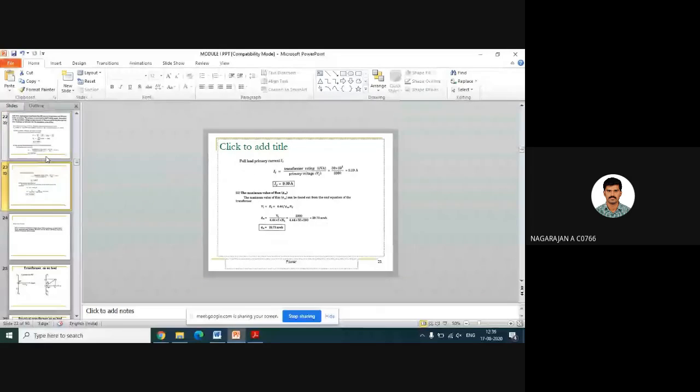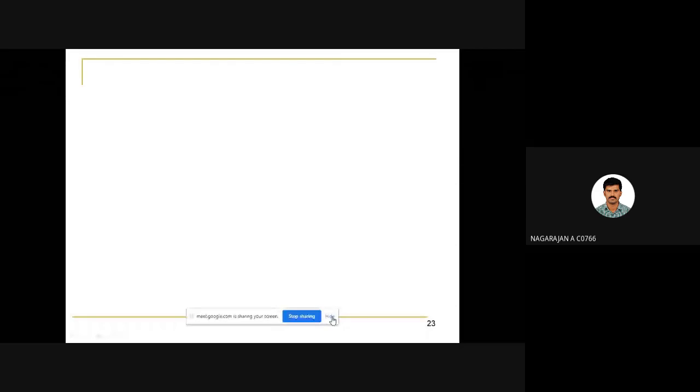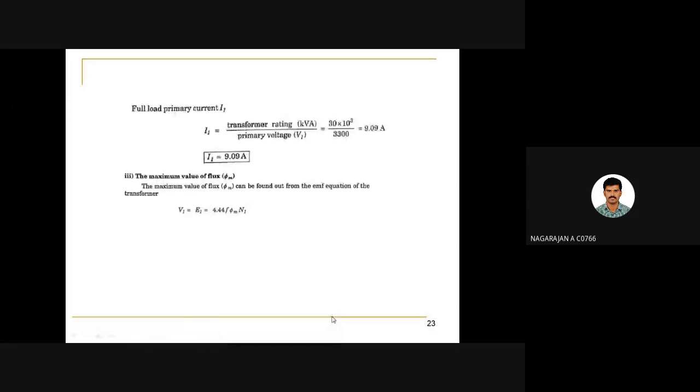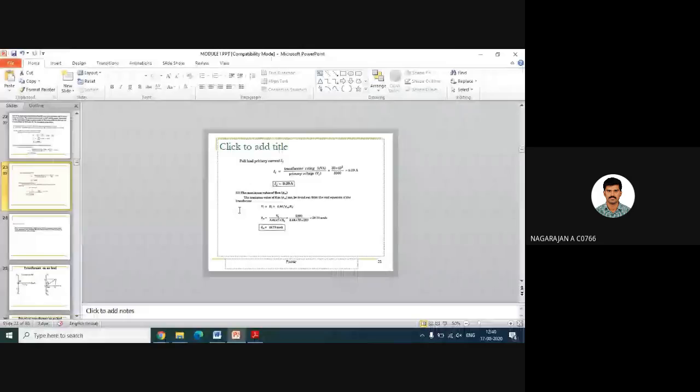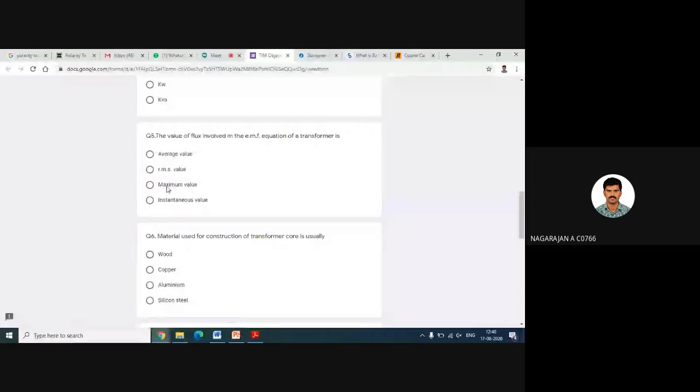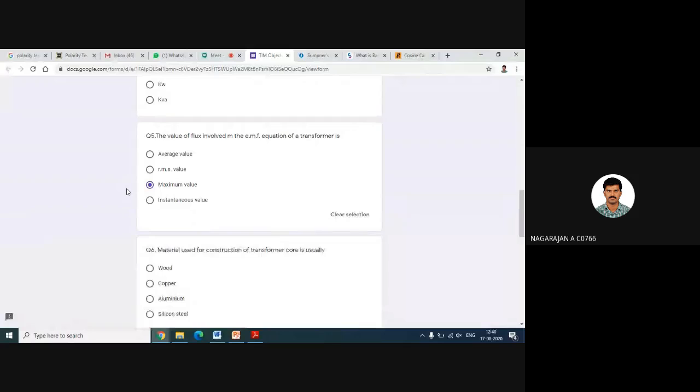Look at this equation: the transformer EMF equation, 4.44 f phi m N1. The flux mentioned here is the maximum value of flux. So the answer for the fifth question is maximum value. It is not the RMS value, not the average value, not the instantaneous value.